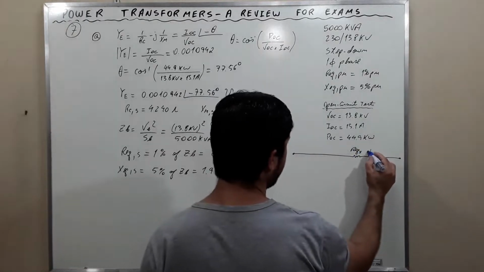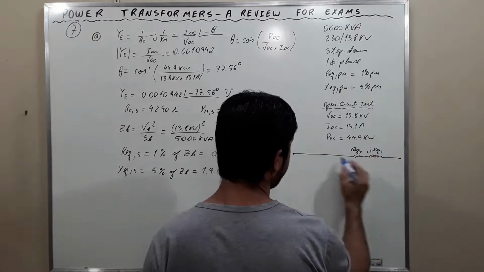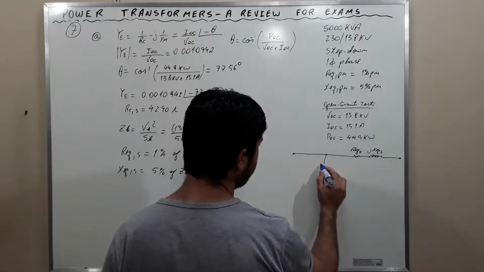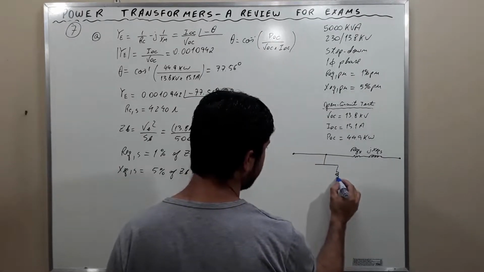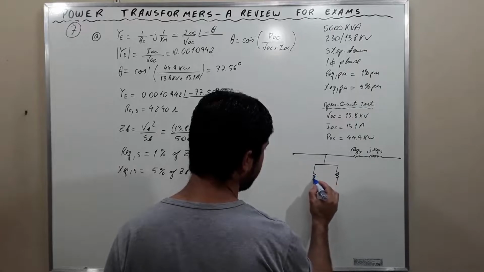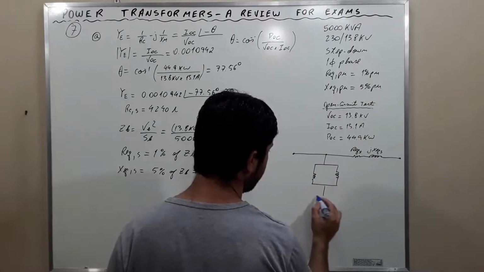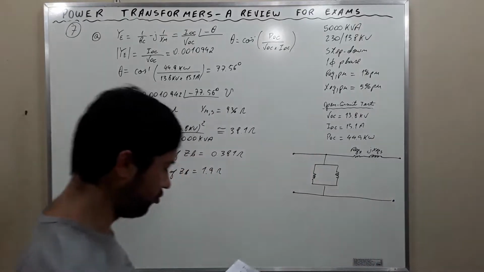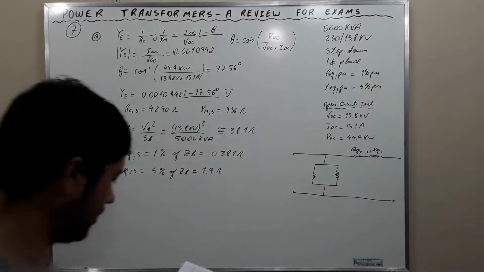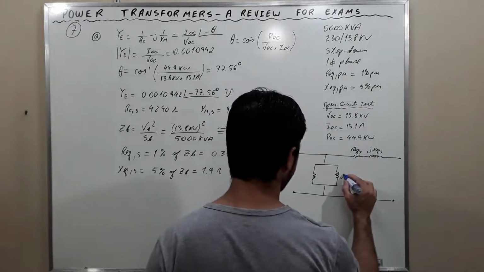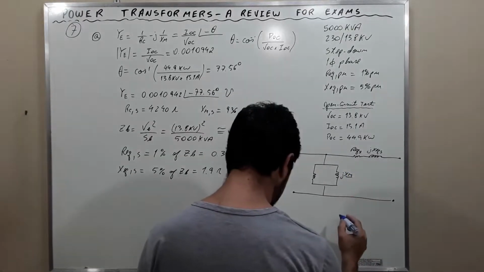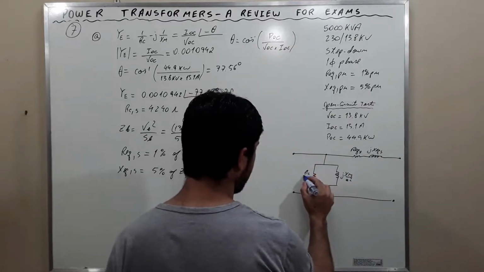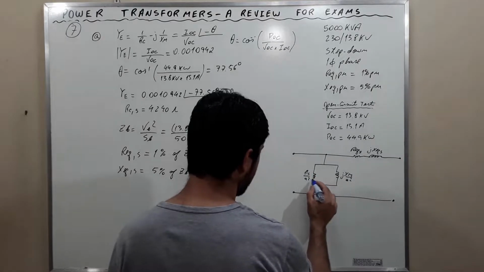This is the equivalent reactance referred to the secondary side, and this is the excitation branch, referred to the secondary side, and here we have jXM over a squared, and here we have RC over a squared, okay?